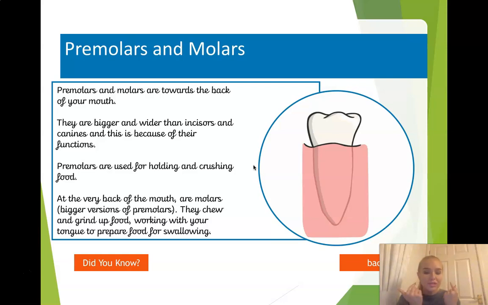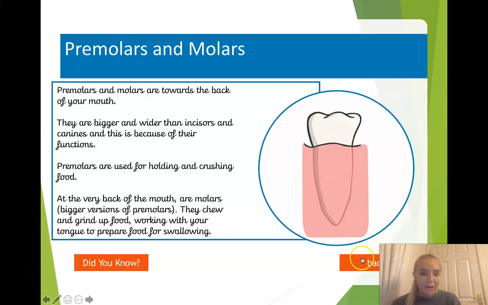These are all towards the back of our mouths. Premolars are a lot bigger and wider than incisors and canines, because they have a different function. Premolars are used for holding and crushing food. When you want to crush the food into tinier pieces, that's what the premolar does.